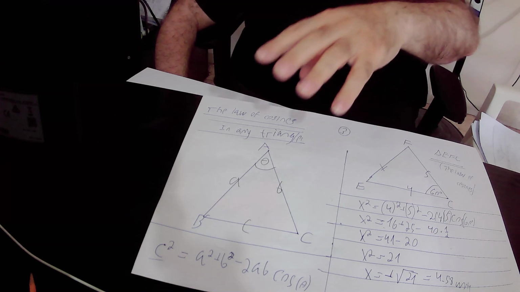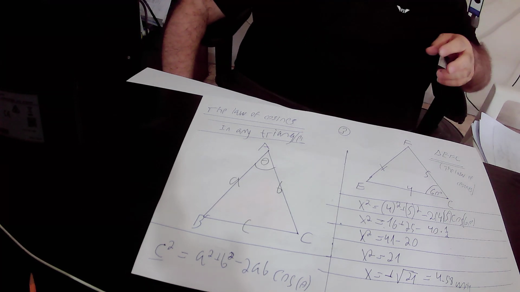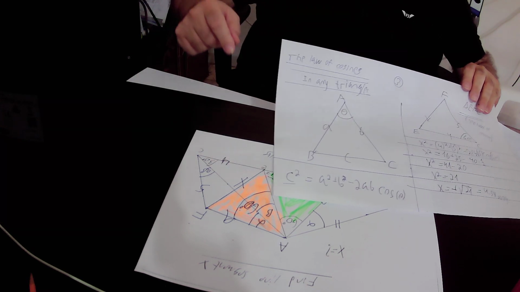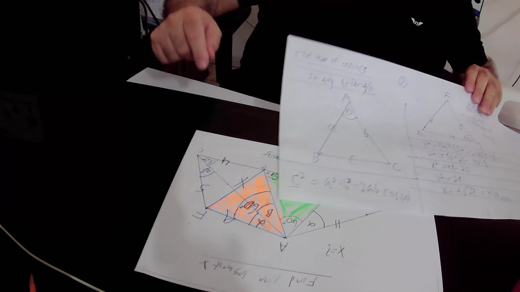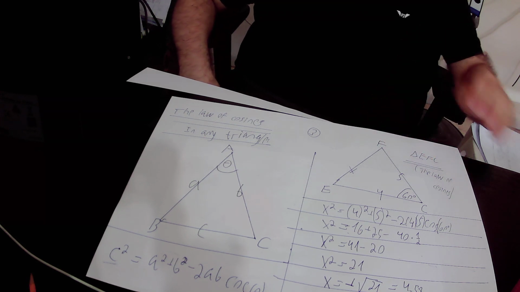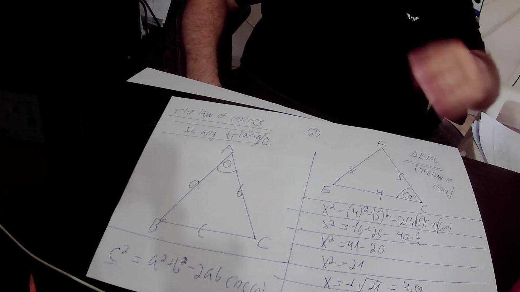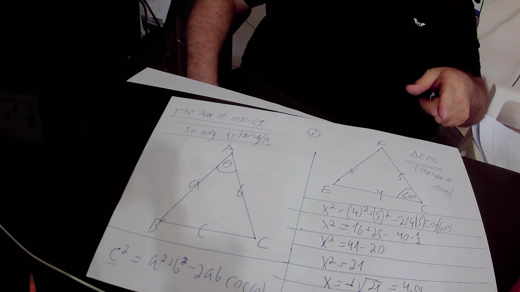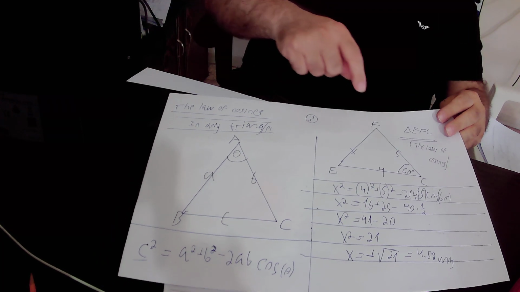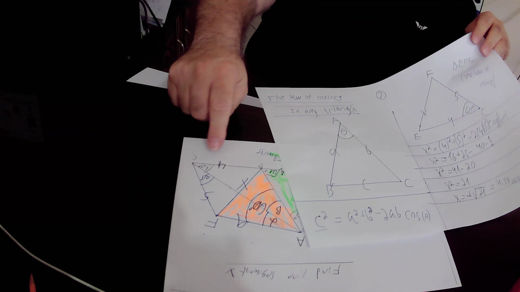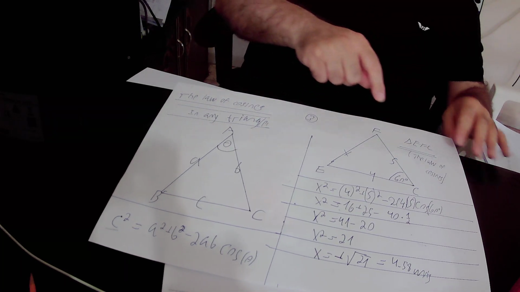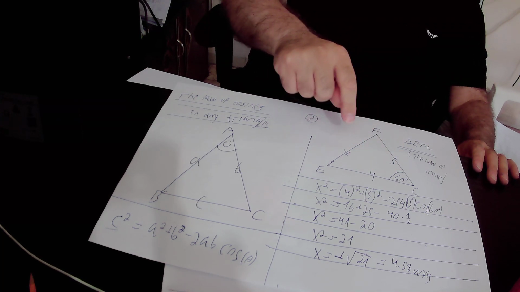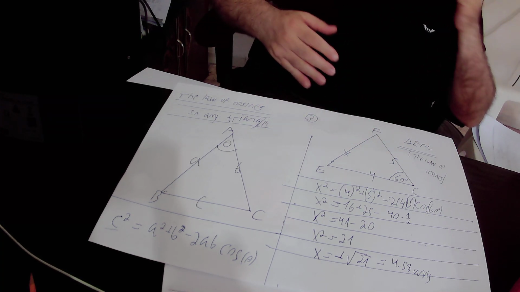Then we implemented the law of cosines in triangle EFC. I copied this triangle, triangle EFC, onto this new page, and we implemented the law of cosines in this triangle. So according to the law of cosines, here angle FCE equals 30 degrees plus 30 degrees, that is 60 degrees, side FC equals 5 units, side EC equals 4 units, and side FE equals X, that is the line segment that we are looking for.